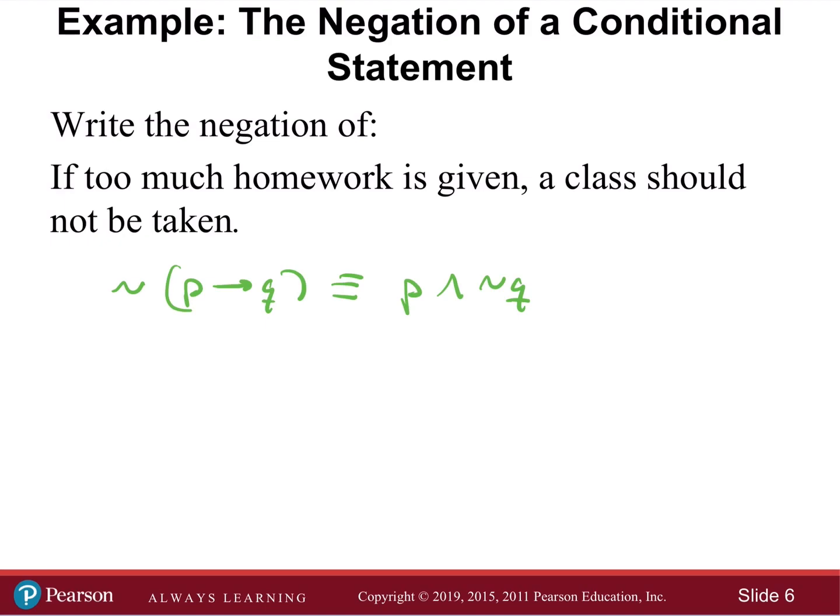So if too much homework is given, a class should not be taken. We can let P be too much homework is given. Let's write that out. I'm going to abbreviate it. We can let Q be a class should be taken.